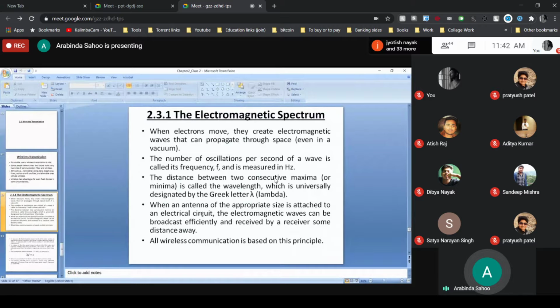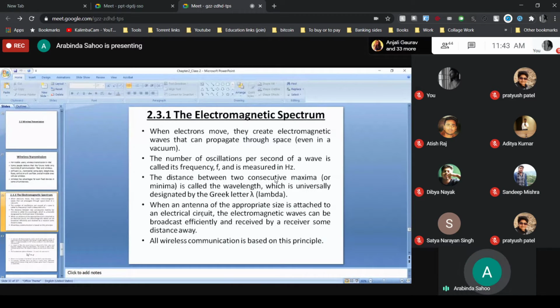They are interrelated. If you know the frequency, you can calculate the wavelength, or if you know the wavelength, you can calculate the frequency associated with any electromagnetic wave.